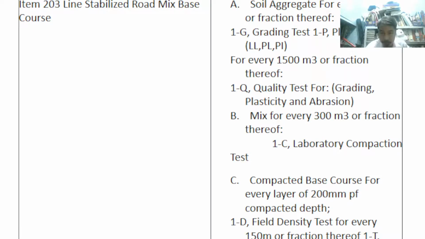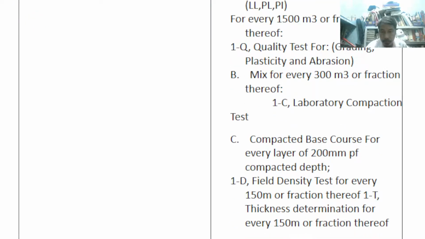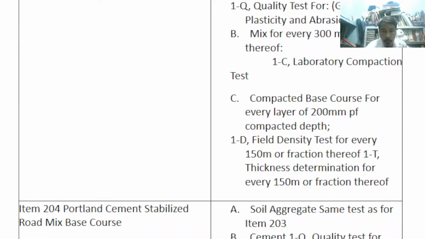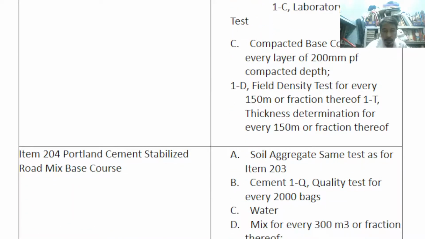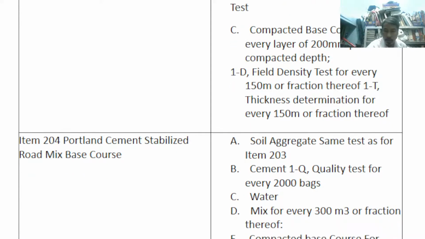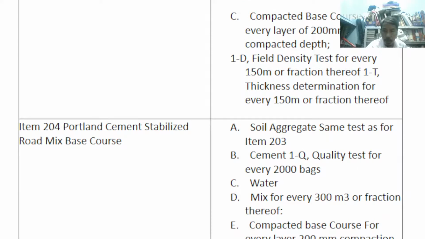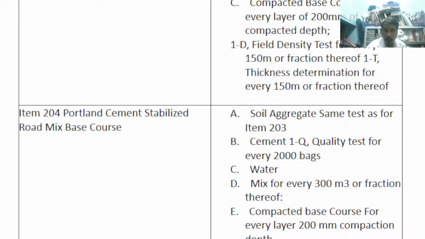Then, next item. This is with regards to item 204, Portland Cement Stabilized Road Mix Base Course. So, item letter A, soil aggregate, same test as for item 203. Letter B, cement, 1-Q or quality test for every 2,000 bags of cement.